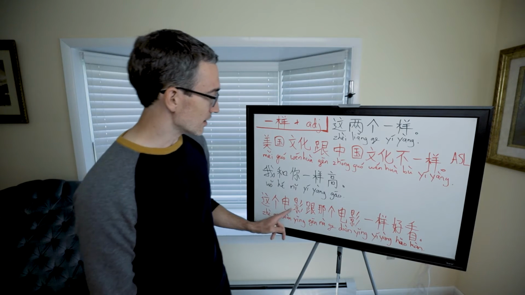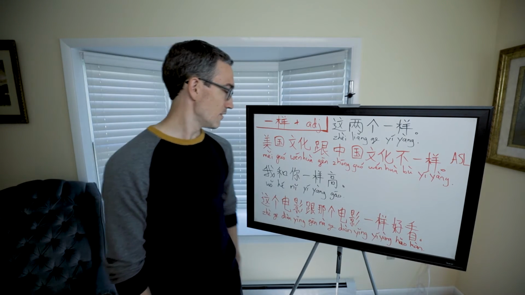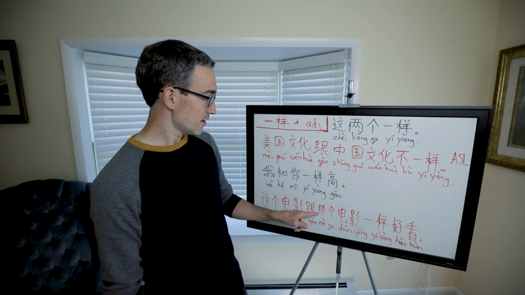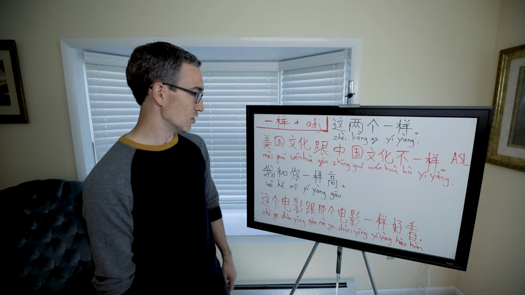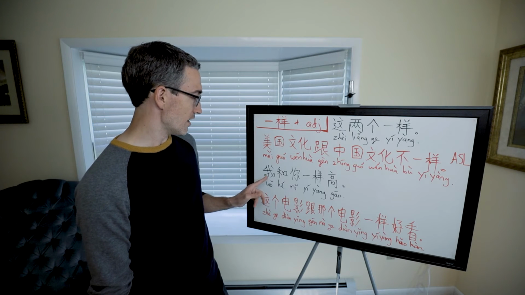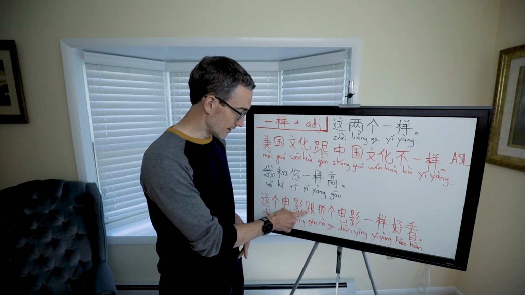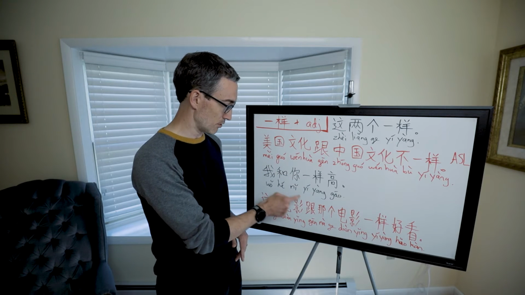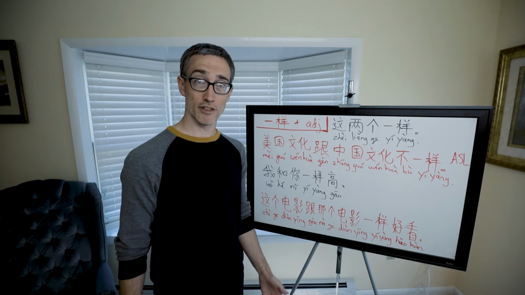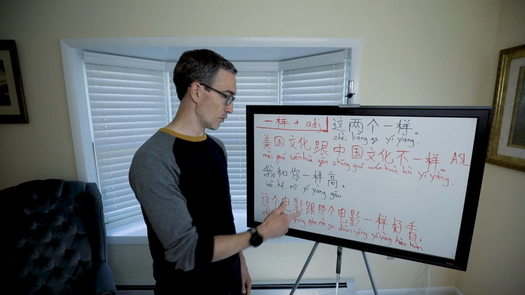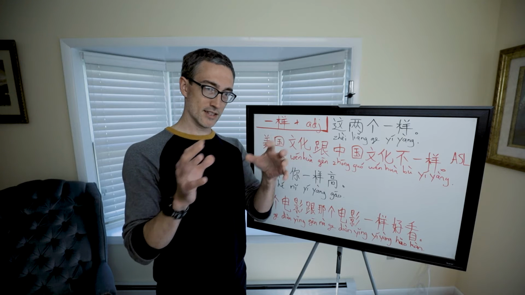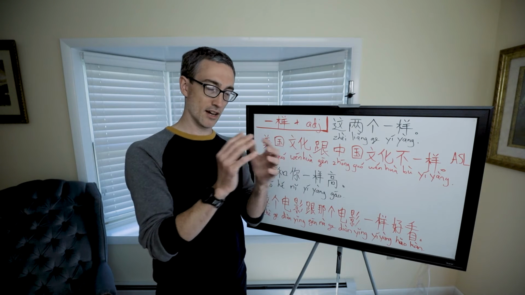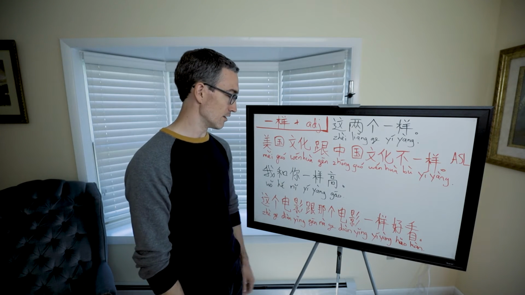Anyway, 这个电影跟那个电影一样好看. So this movie and that movie are equally good. And I just wanted to point out that 和 and 跟 in these uses are interchangeable, just like they are often interchangeable. When we're talking about a phrase like this and this, 一样 something, or just 一样, 跟 and 和 are interchangeable there.